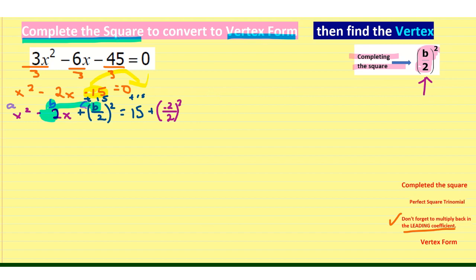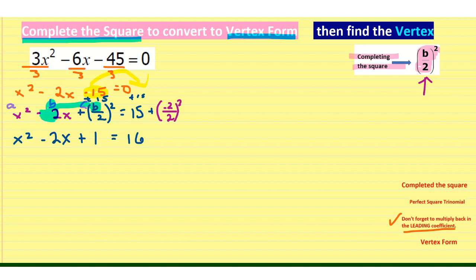Okay, so I'm just going to keep using order of operations to keep working it down. So I've got x squared minus 2x. Now I'm going to calculate my magic bullet. My magic bullet is negative 2 over 2, which is negative 1. Negative 1 squared is a positive 1, so it's going to be plus 1. And that's still equal to my 15 plus my 1, which makes it 16.